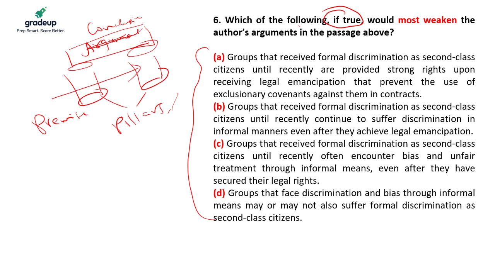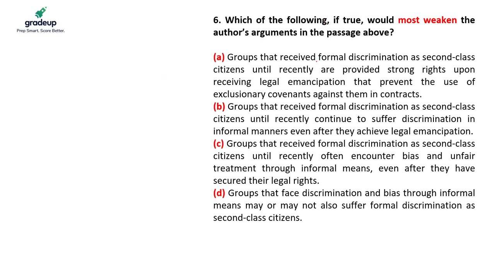Let's understand. Groups that received formal discrimination as second-class citizens until recently are provided strong rights upon receiving legal emancipation that prevent use of exclusionary covenants against them in contracts. Now, the author says that courts have to find... See, that is the first thing to understand. What does the passage say? Only then I will be able to shake that.